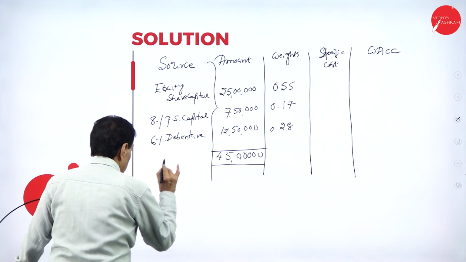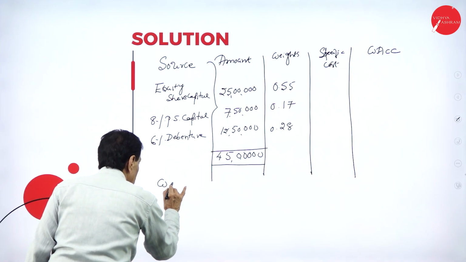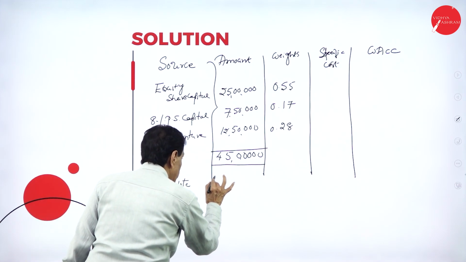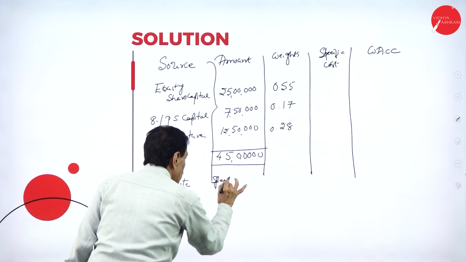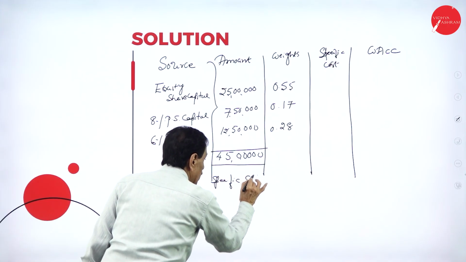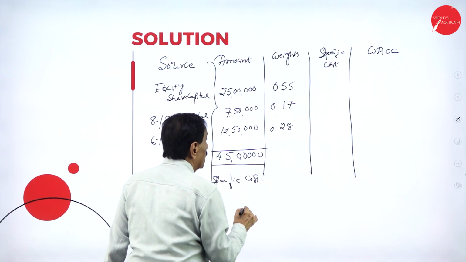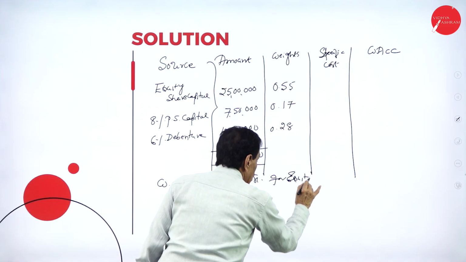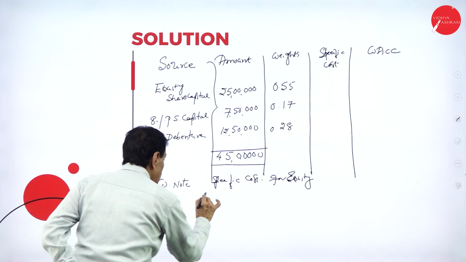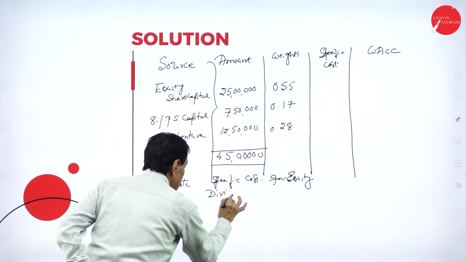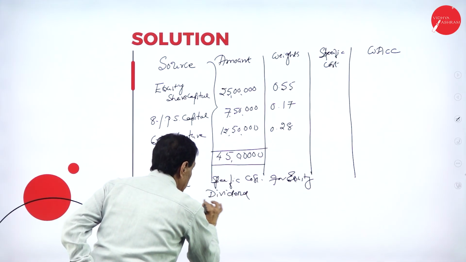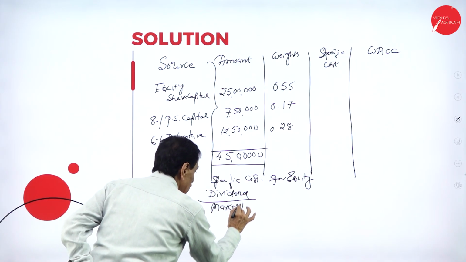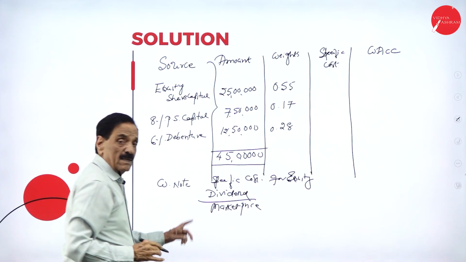Working note. For equity, specific cost. Formula: dividend divided by market price of shares into 100 plus growth rate. What is the formula?